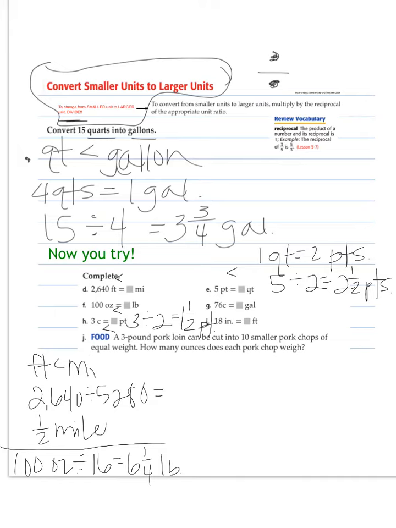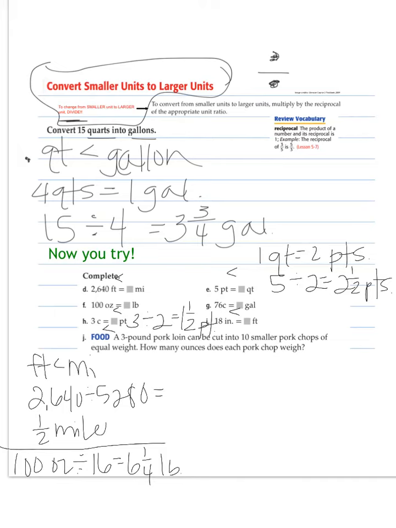76 cups equals how many gallons? So this is a multi-step one. I know that a cup is smaller than a gallon, but I also don't have a conversion right off the top of my head of how many cups are in a gallon.